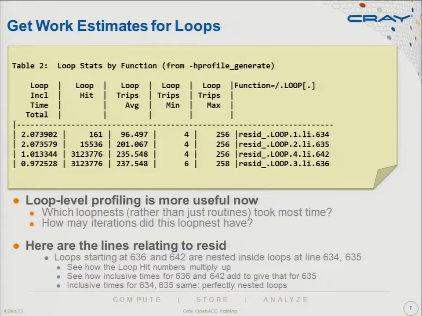So the Cray compiler has a way: you can compile the code with a special flag, and then when you do a CrayPat profile, the profile isn't done at a routine level, it's done at a loop nest level. And that's really useful. Here I'm only showing the information to do with the most expensive routine.